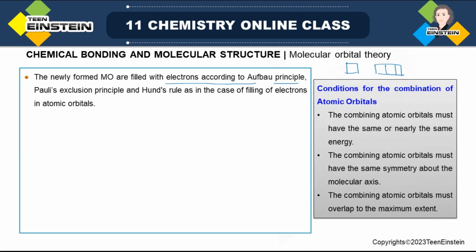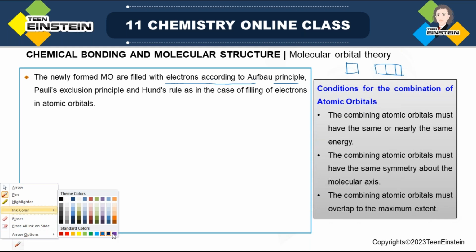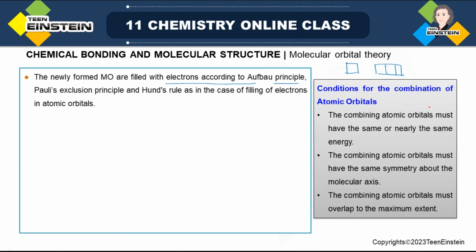There are some specific conditions that we have to maintain when we are forming these MOs starting from AOs. So what are the conditions for combination of atomic orbitals? The combining atomic orbitals must have the same or nearly the same energy. In the case of hydrogen, it is simple because both sides you have H atomic orbitals, so obviously they will have similar energy. But that may not always be the case.